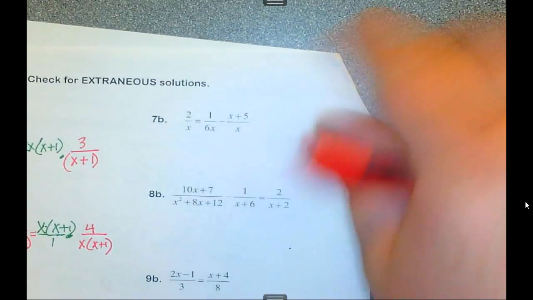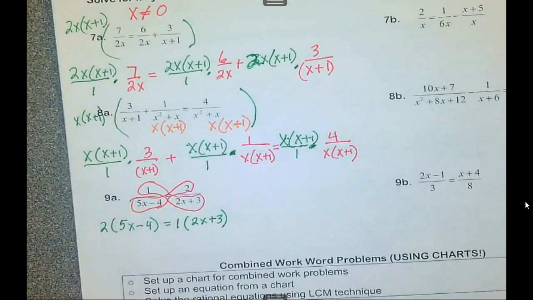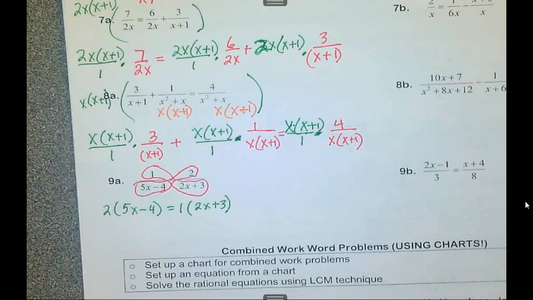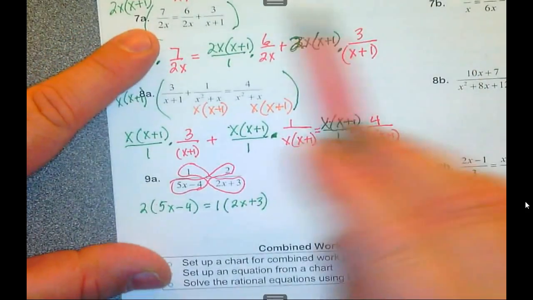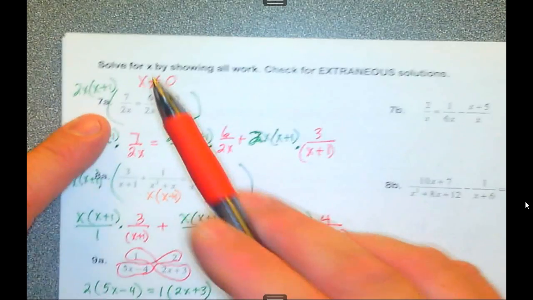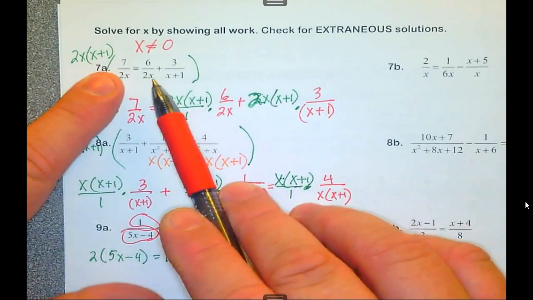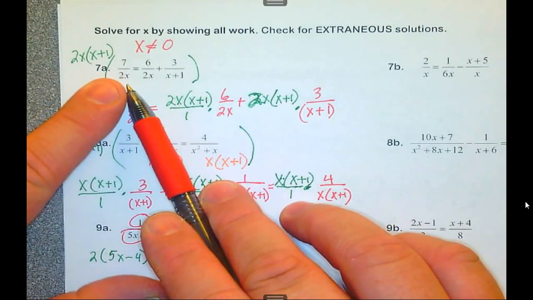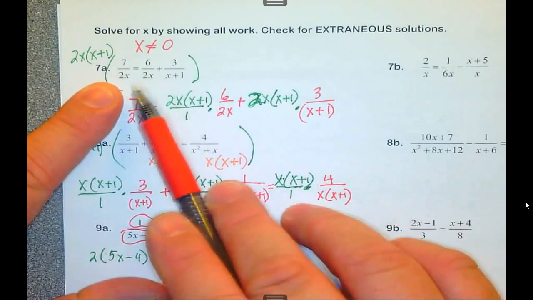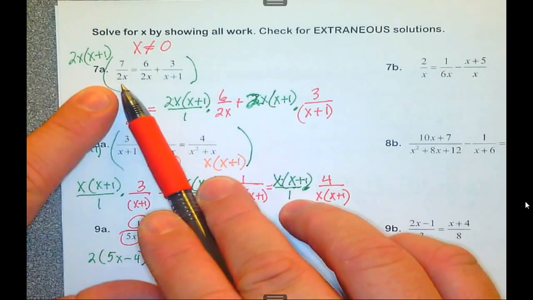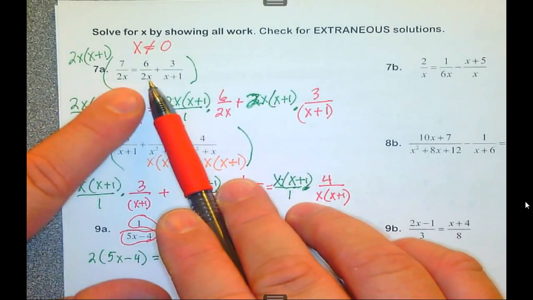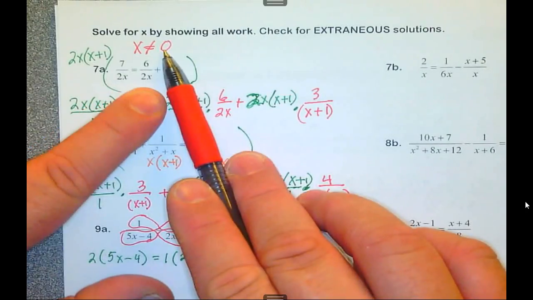Okay, page 2. Now, we have rational equations, so we're going to have to solve for x. Again, you might as well look to see what makes our denominator 0. Well, this is pretty easy. 0 times 2, so x can't equal 0.